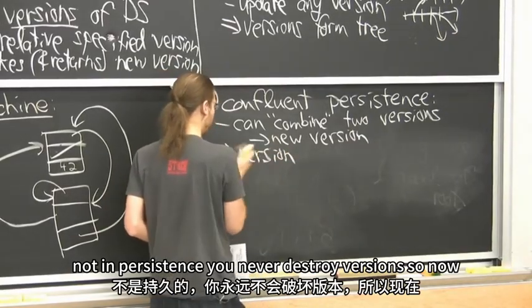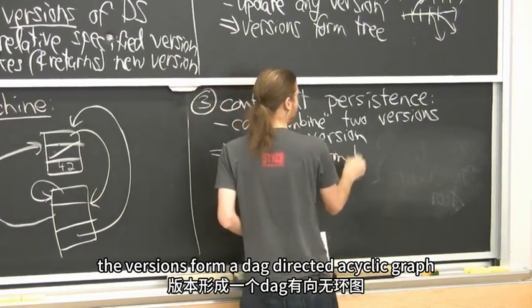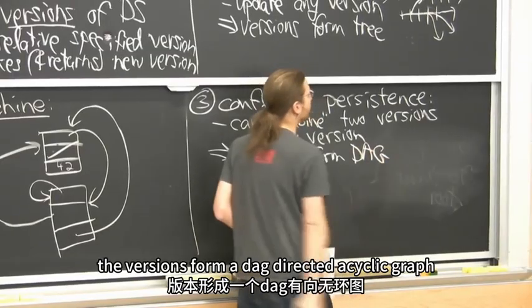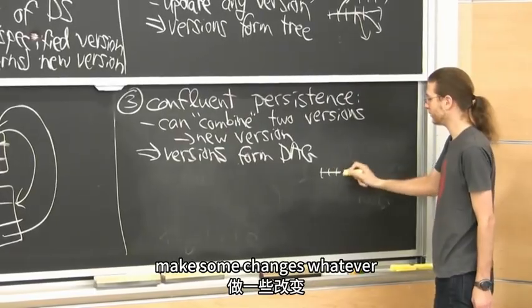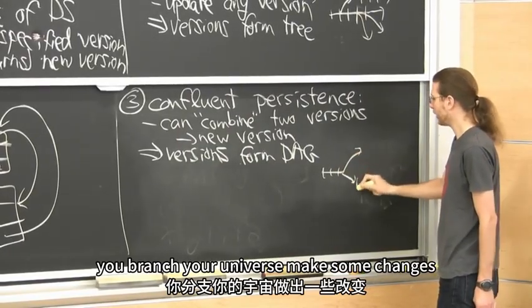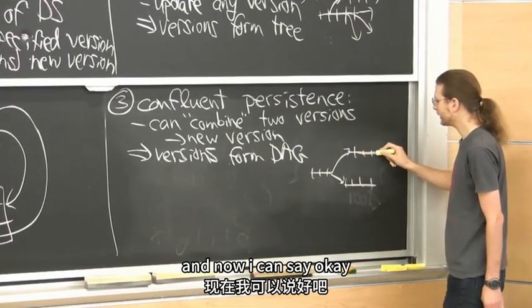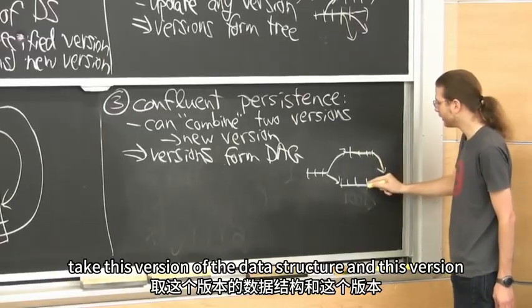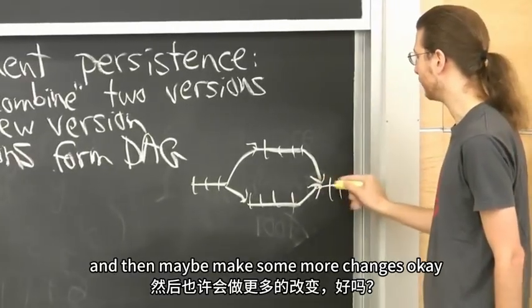In persistence, you never destroy versions. So now the versions form a DAG, a directed acyclic graph. So now we're allowing, okay, you make some changes, you branch your universe, make some changes. And now I can say, okay, take this version of the data structure and this version and recombine them, get a new version, and then maybe make some more changes.